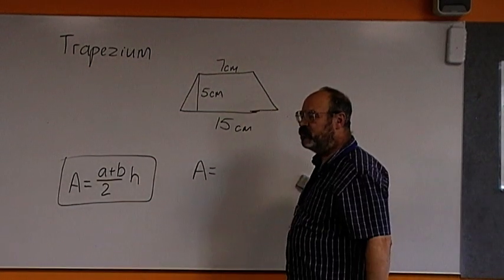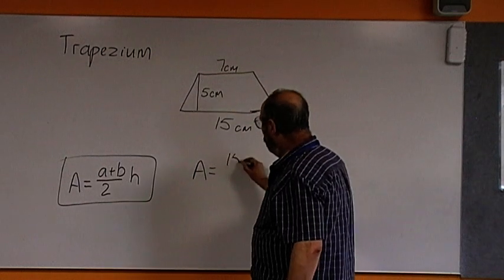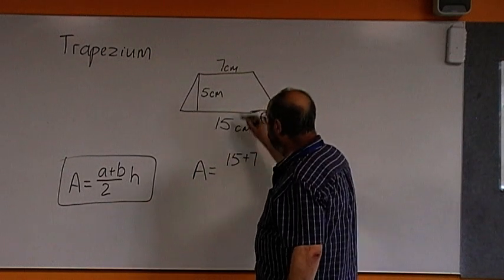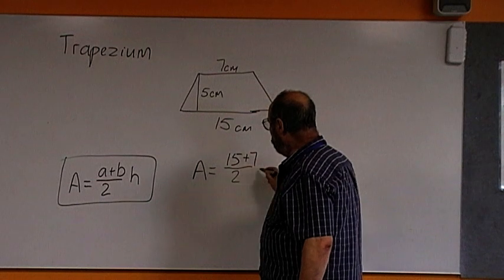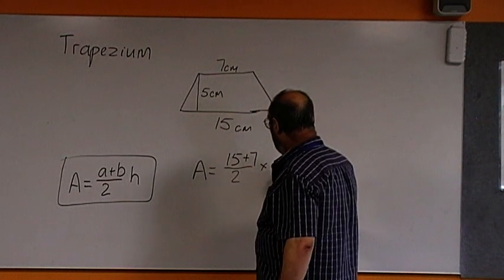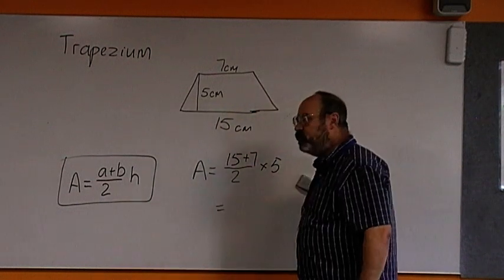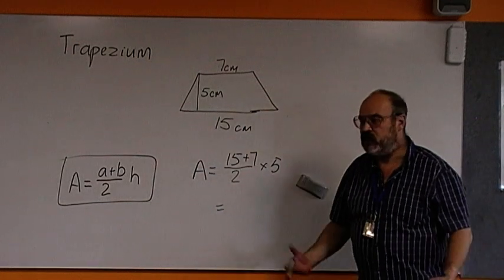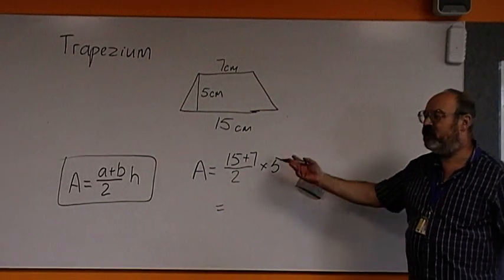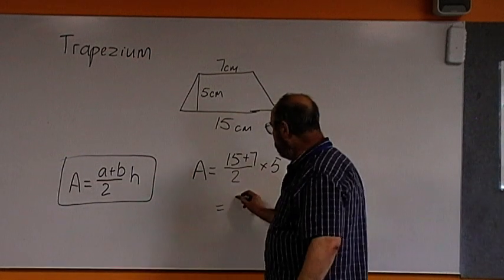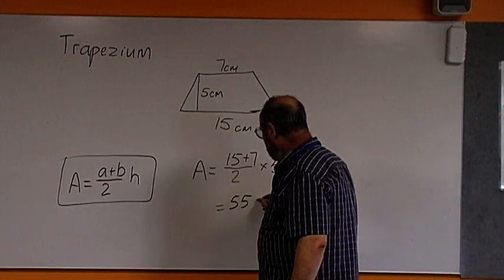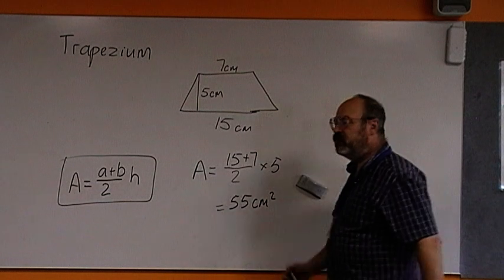We do 15 plus 7, which is 22, divided by 2, which is 11, times 5, which is 55 square centimeters. Make sense?